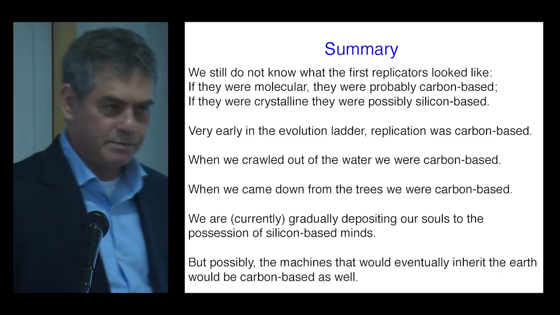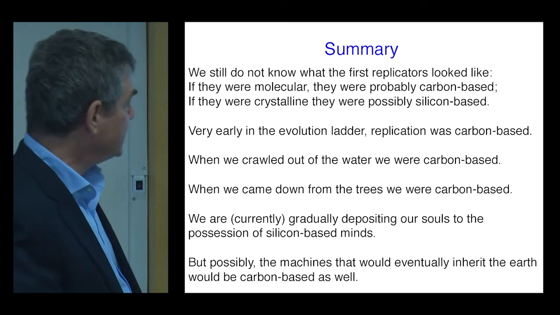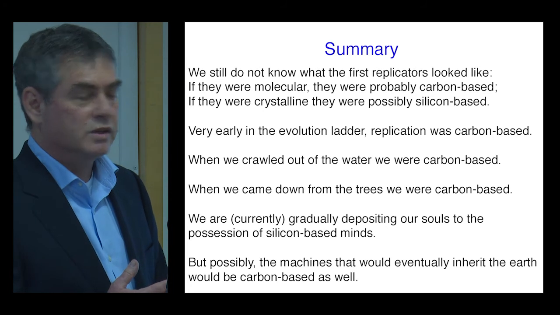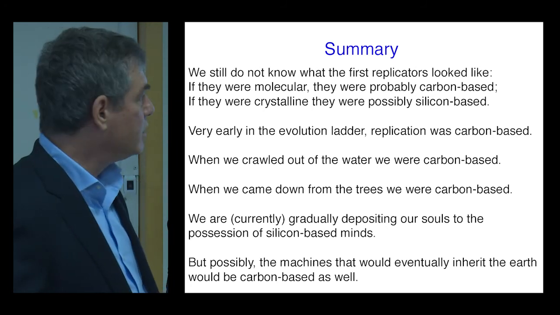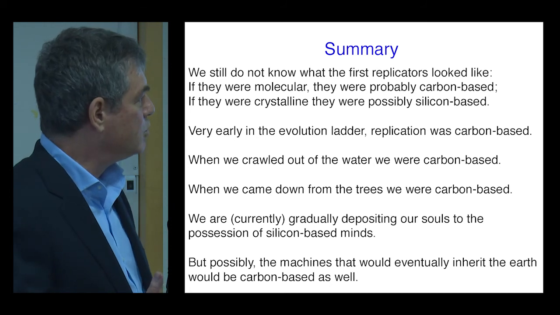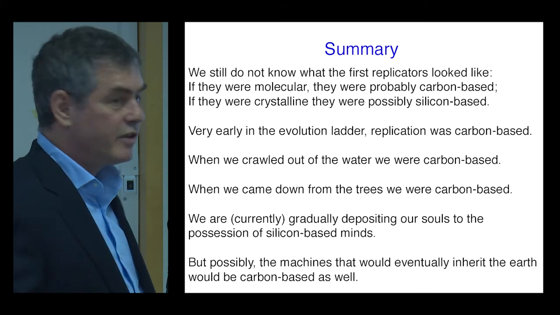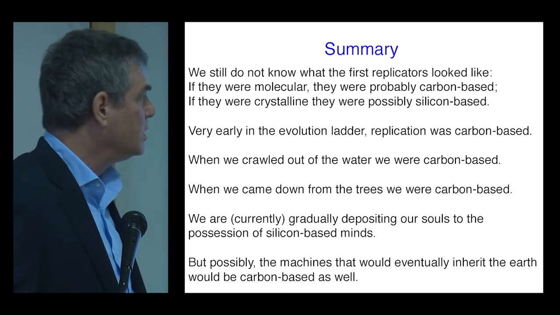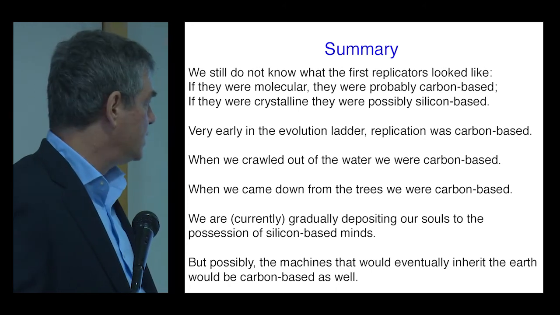So I'll summarize this part of my talk by saying that we still do not know what the original replicators looked like. If they were molecular, they probably would have been carbon-based. And if they were based on crystals, then possibly, if Karen Smith's hypothesis is correct, they could be silicon-based.